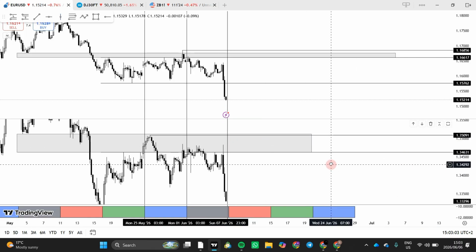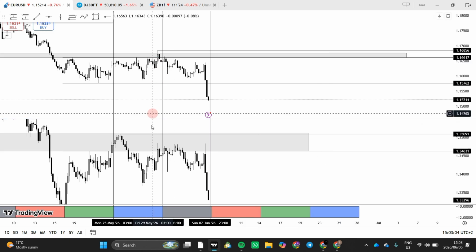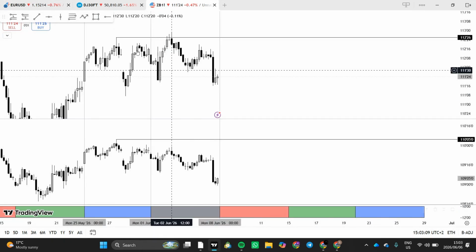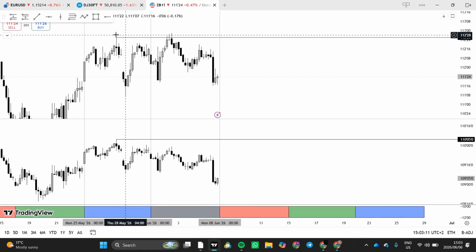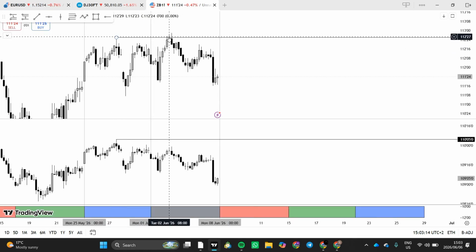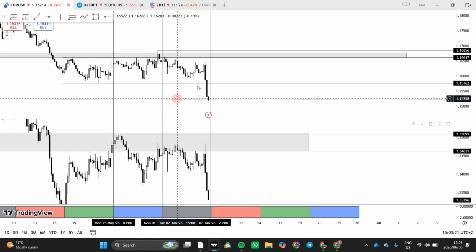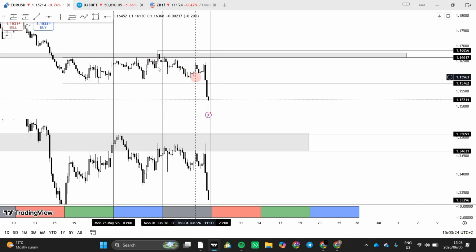Let me just go to my interest rates. You can see that on the interest rates, we took out this high over here, failing to do so on the Euro USD and GBP USD as well as on the DXY. So this was intermarket sequential SMT which we had on this high over here.